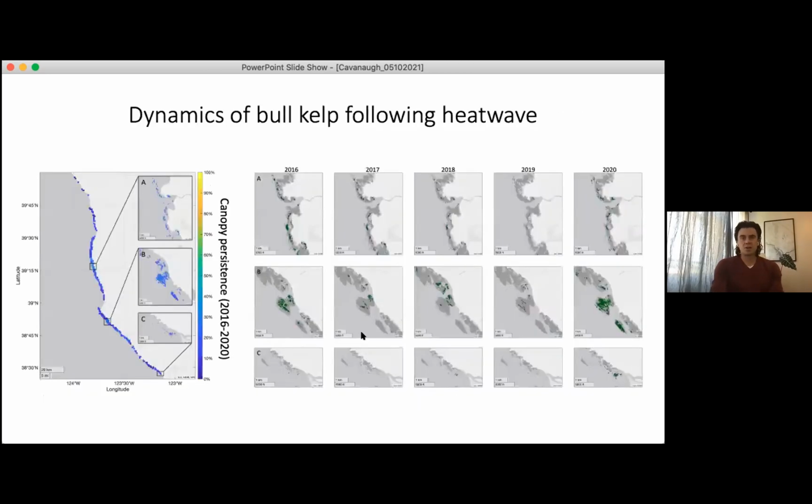And this is just a figure that shows a couple of selected areas of our state area. You can see the historical footprint of kelp in gray, and then green is the areas that were observed in each of these years. So you can see a small fraction of the suitable habitat is colonized. You can see really low levels in 2019, and then the beginnings of some increases in 2020.